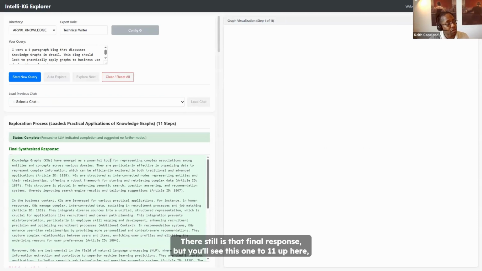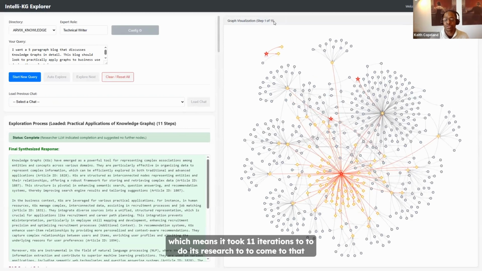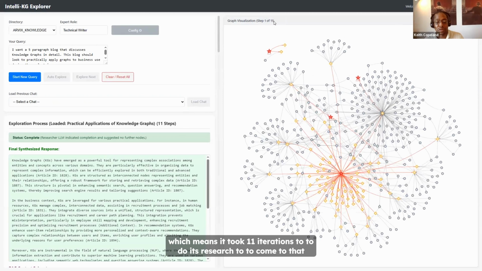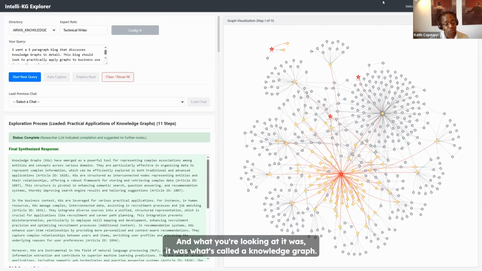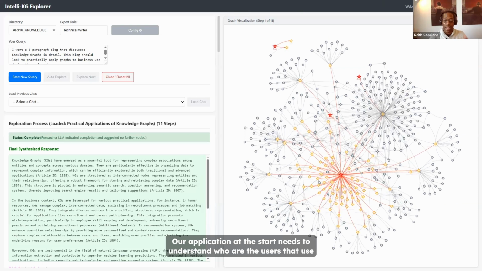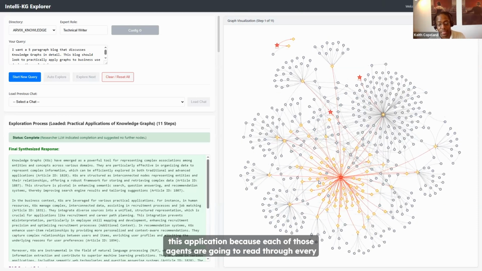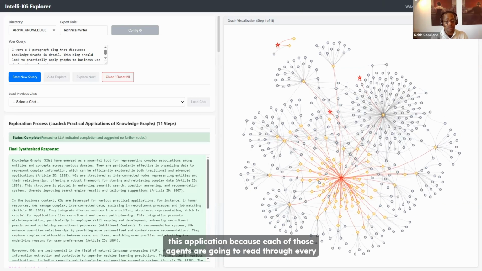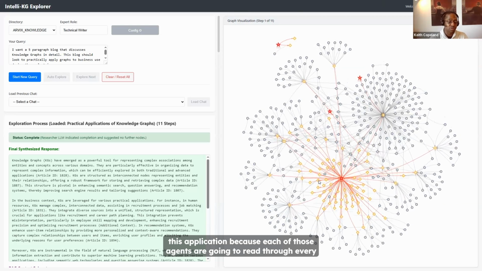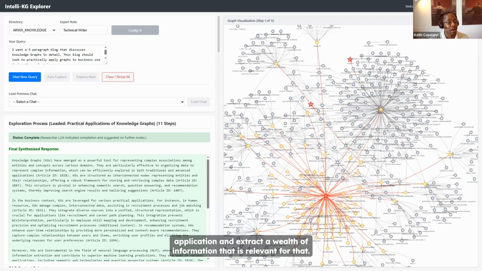There still is that final response, but you'll see this 1 to 11 up here, which means it took 11 iterations to do its research to come to that conclusion. And what you're looking at is what's called a knowledge graph. Our application at the start needs to understand who are the users that use this application, because each of those agents are going to read through every application and extract a wealth of information that is relevant for that.